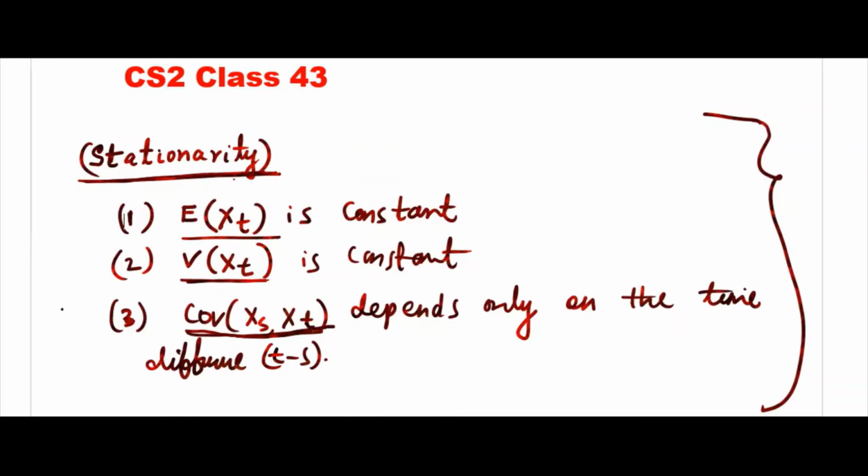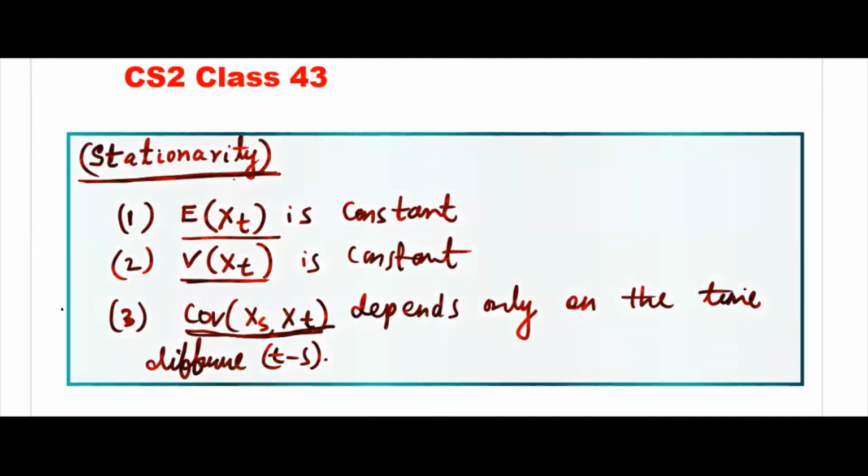This is weakly stationary, we will not worry about that. We'll remember these three. Expectation must be constant, variance must be constant from time to time, and covariance of xt xs depends only on the time difference. These are the three.